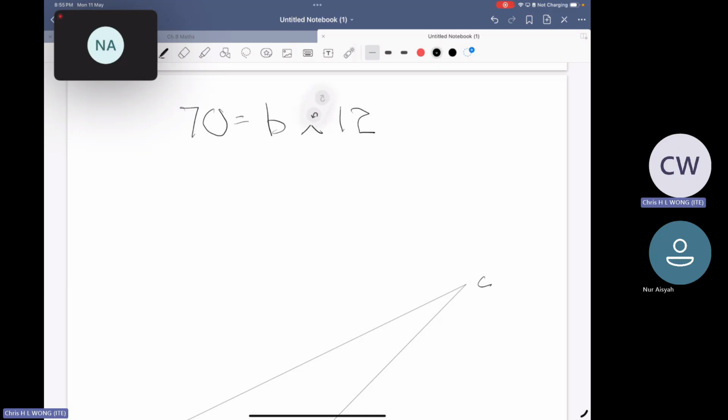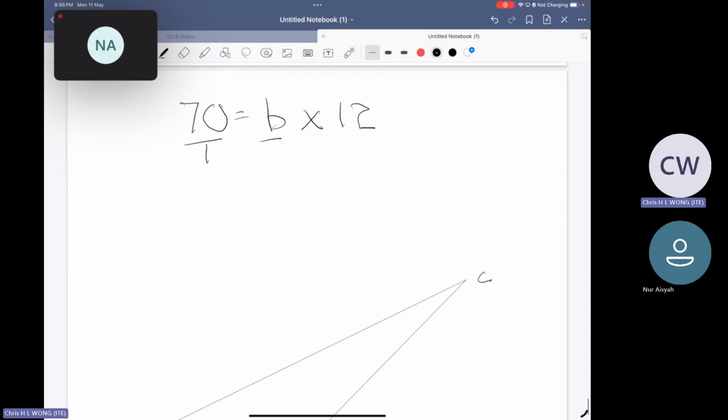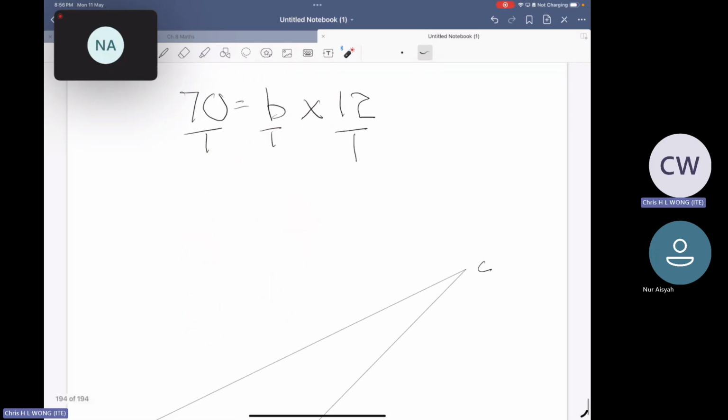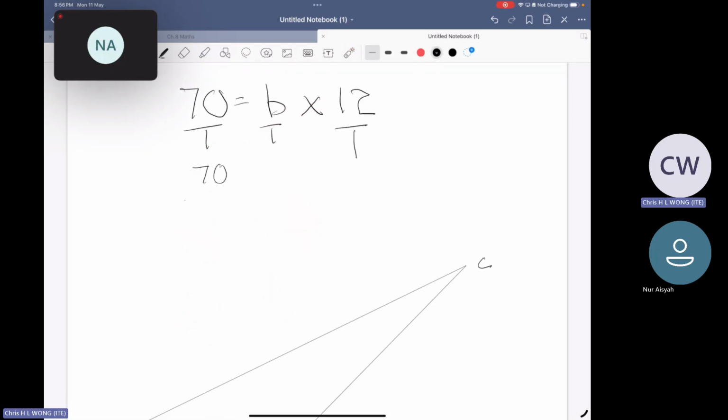The first method is the same as over 1. Bring across here, I cross over here. So become 70 over 12 equals to B over 1. Same, right? It's the same as 70 over 12 equals to B.